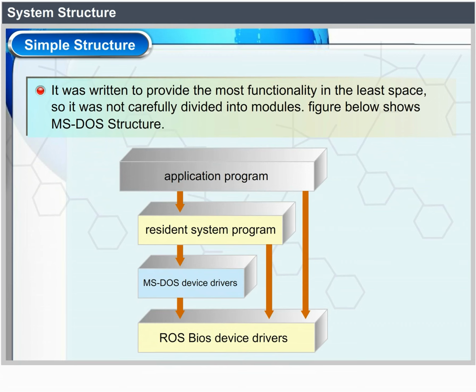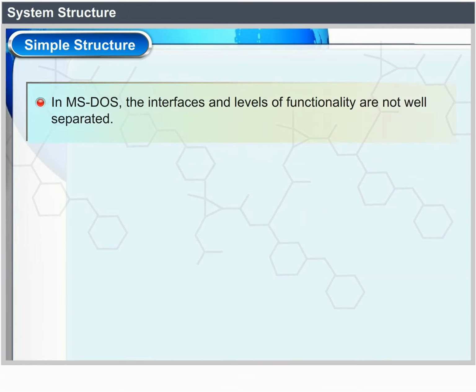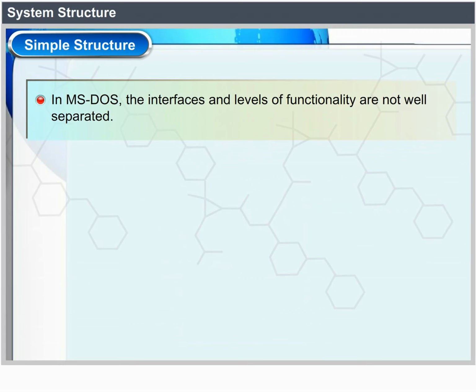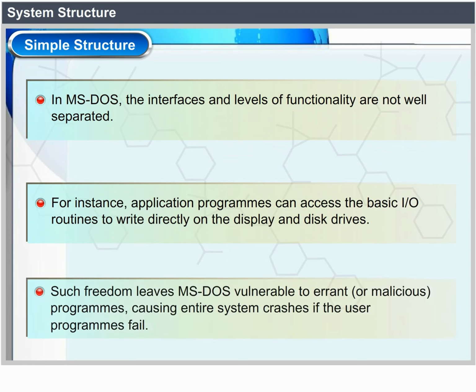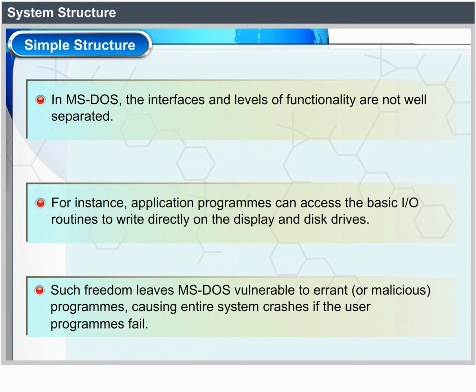In MS-DOS, the interfaces and levels of functionality are not well separated. For instance, application programs are able to access the basic input-output routines to write directly to the display and disk drives. Such freedom leaves MS-DOS vulnerable to errant or malicious programs, causing entire system crashes when user programs fail.